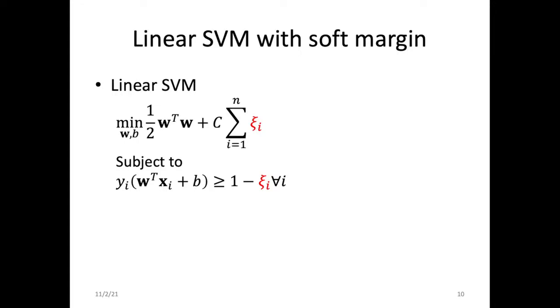So how to find the w and b such that our objective function is minimized, subject to some constraints? If we use gradient descent directly, which means we take the partial derivative of the objective function with respect to w and b, and then update them based on the directions of the gradients, what might happen? Can we do that or not? If we do that directly, we may end up with some w's and b's that might minimize the objective function, but may or may not follow these constraints.